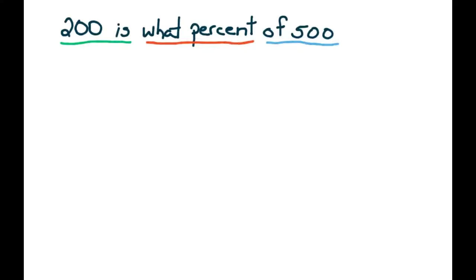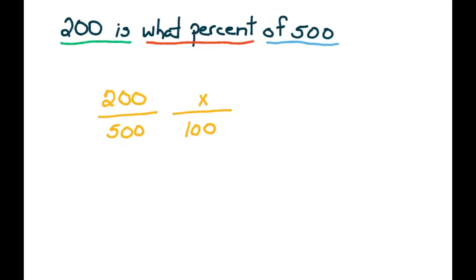So let's think about what we said. We said is over of. So we're going to try that. We're going to say the is 200 of 500. So we know that's our of. What percent? We don't know that. So we're going to make this x. And then we're going to say this is 100 because this number is always 100.